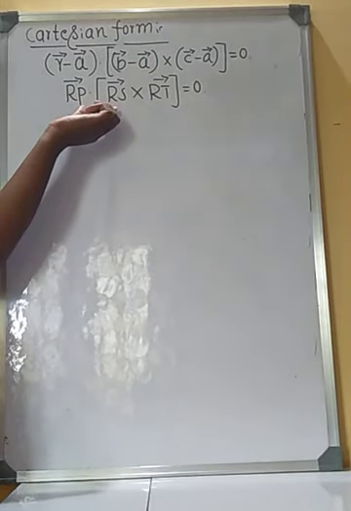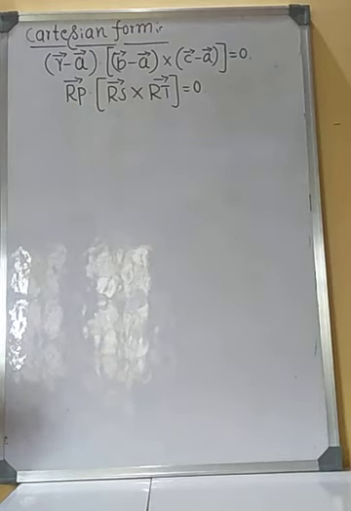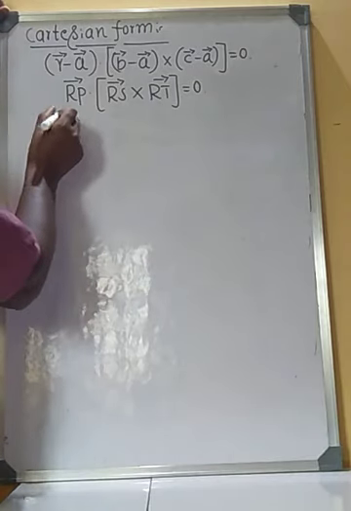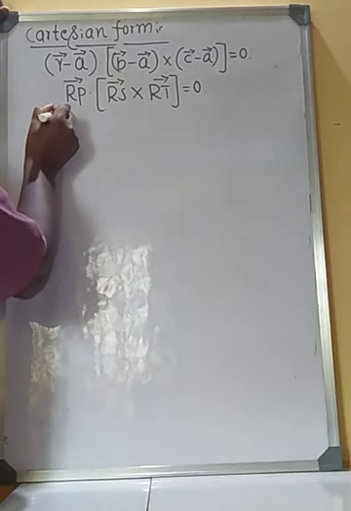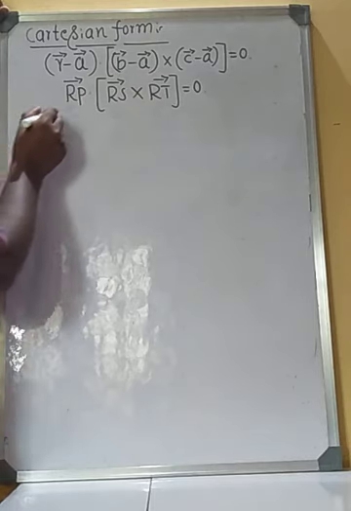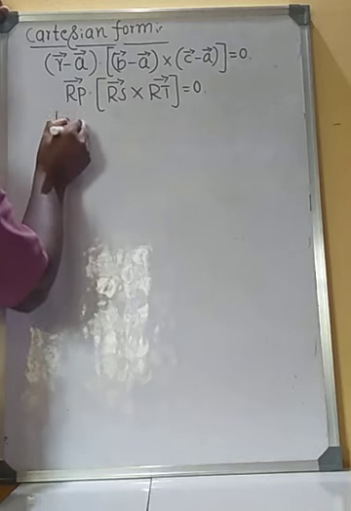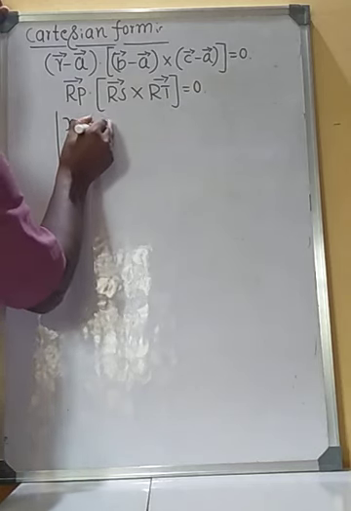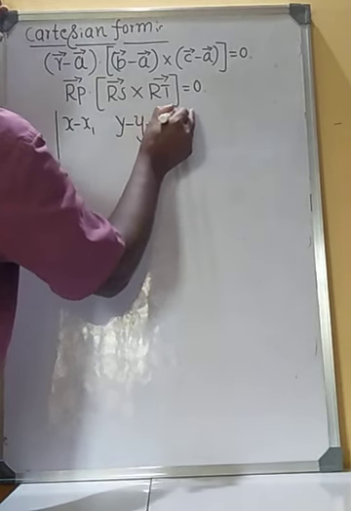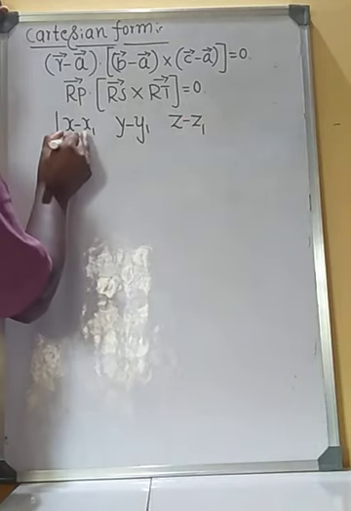Now by using the definition of scalar triple product, this can be written in determinant form. The first row, RP, is x minus x1, y minus y1, z minus z1.